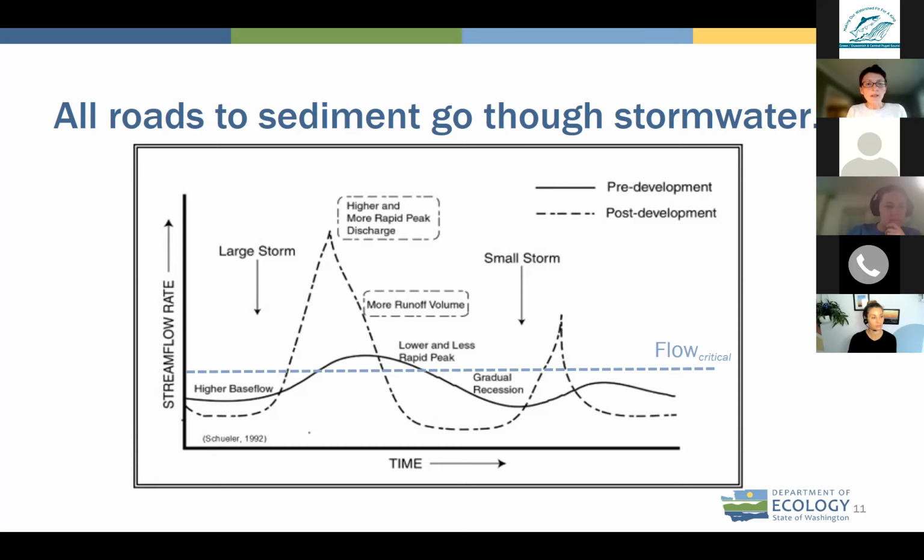What makes it tricky though is that this flow critical is different for different sediment sizes. As you can imagine, it takes a lot more flow to move a boulder down the stream than it does for a grain of sand.